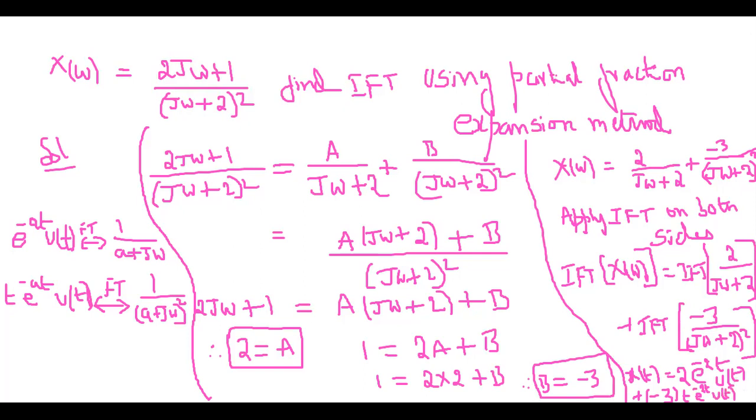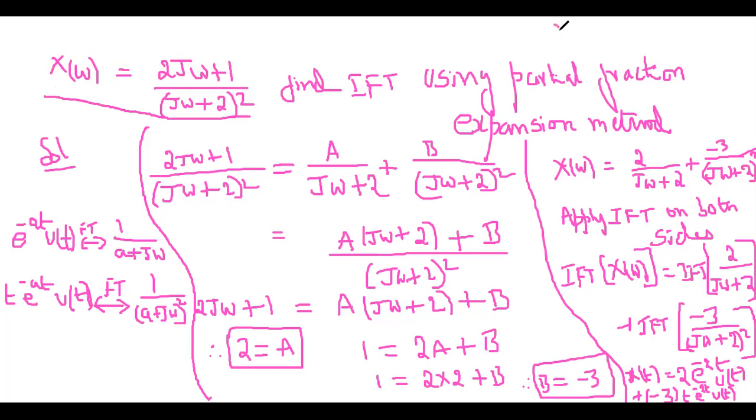Okay, my dear friends. For the given X of omega, 2 j omega plus 1 by j omega plus 2 whole square, what is the inverse Fourier transformation? x of t is equal to 2 into e power minus 2t mu of t minus 3t into e power minus 2t mu of t.